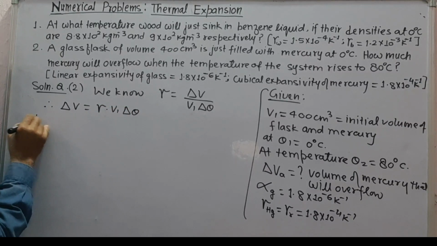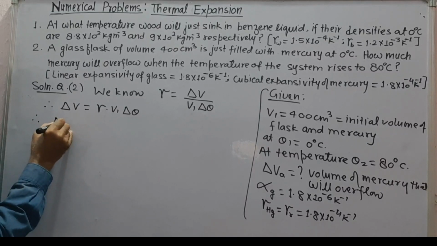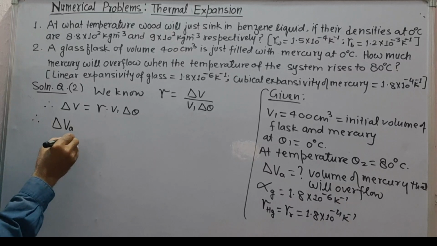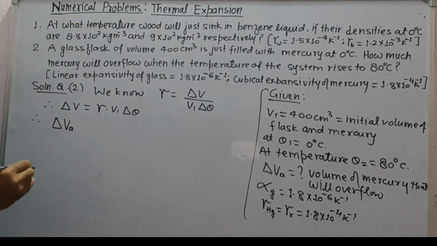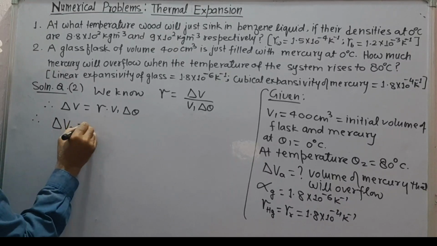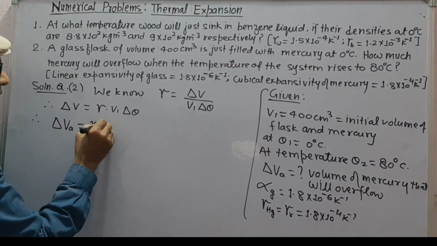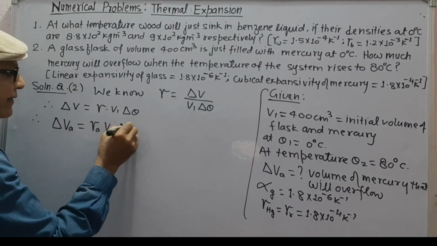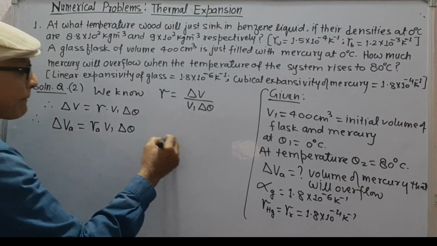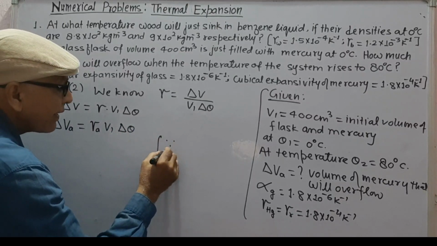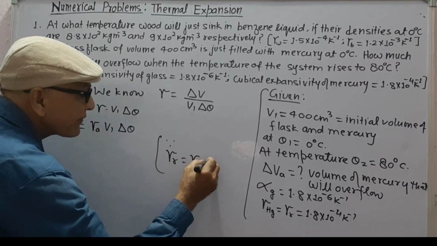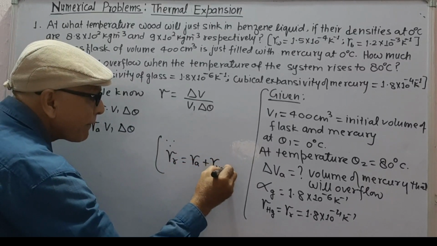Hence, apparent volume delta V A will be equal to gamma apparent V1 delta theta, because gamma real is equal to gamma apparent plus gamma vessel.